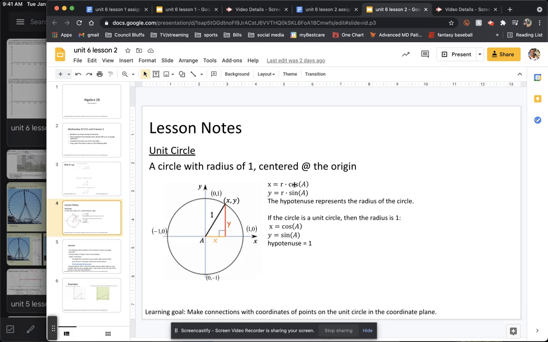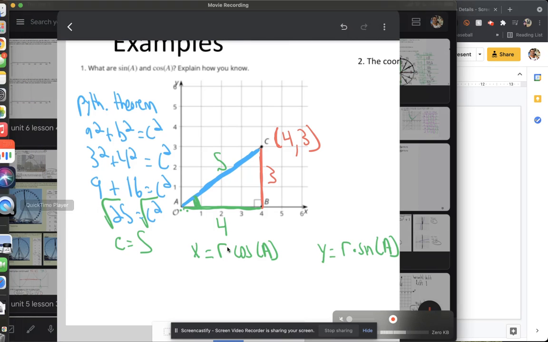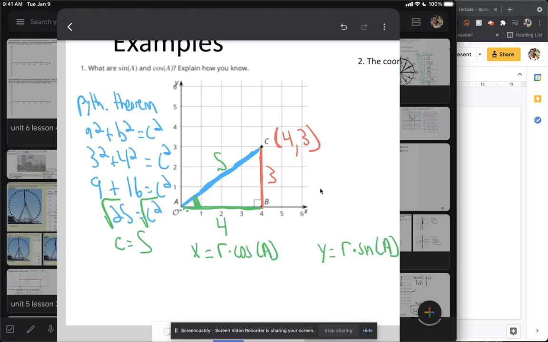Okay, so I know that x is equal to the radius times the cosine of a, and I know that y is equal to the radius times the sine of a.